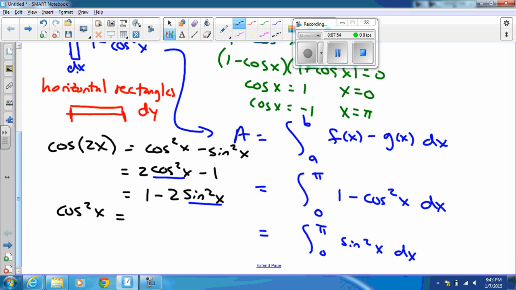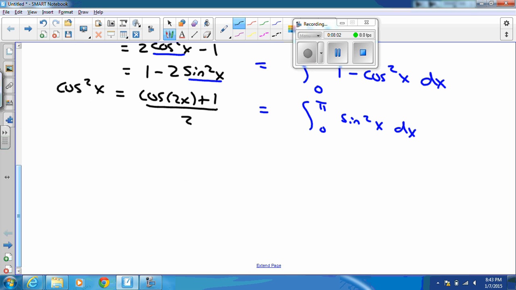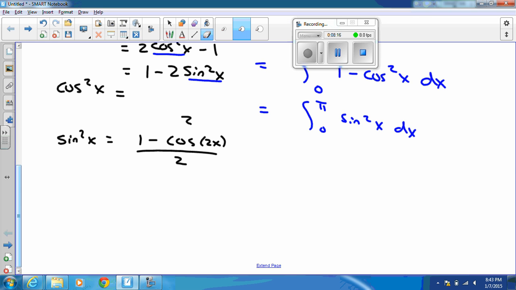If I solve in the first case, I find that cosine squared x is equal to cosine 2x plus 1 divided by 2. And if I solve in the second case, I find that sine squared x is 1 minus cosine 2x all over 2.